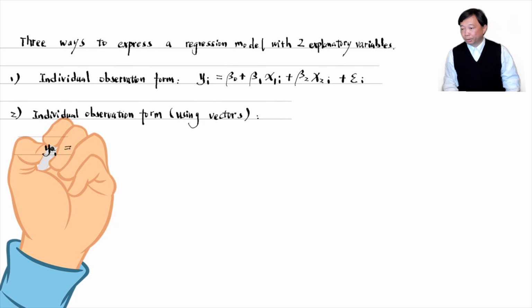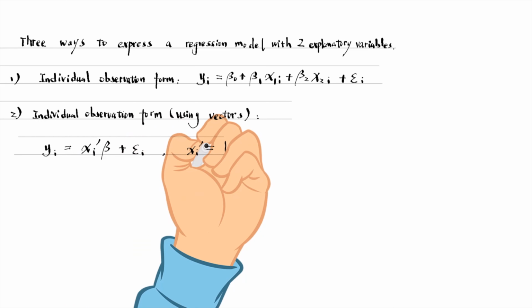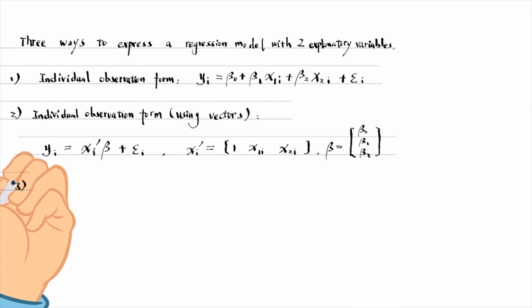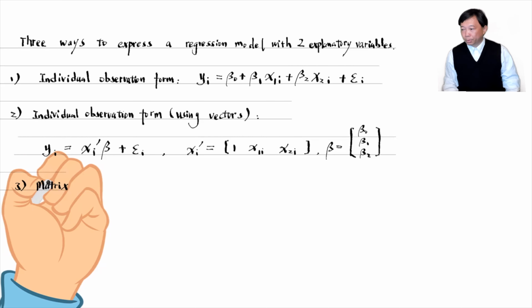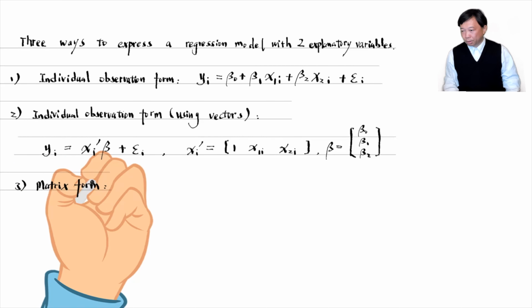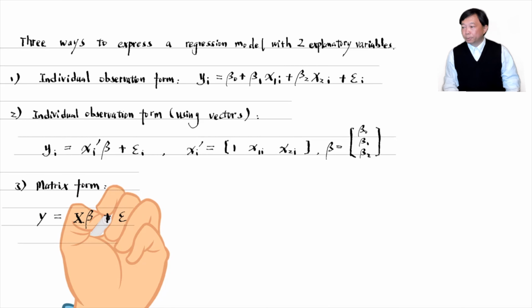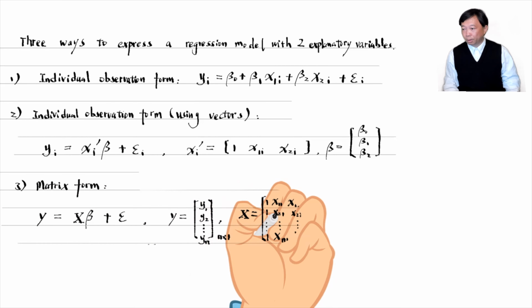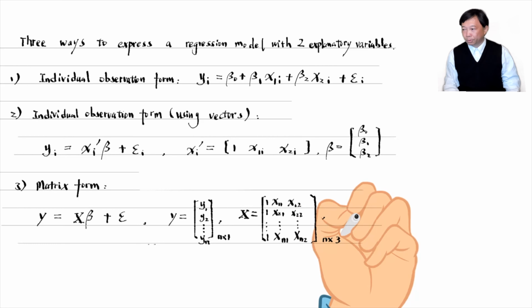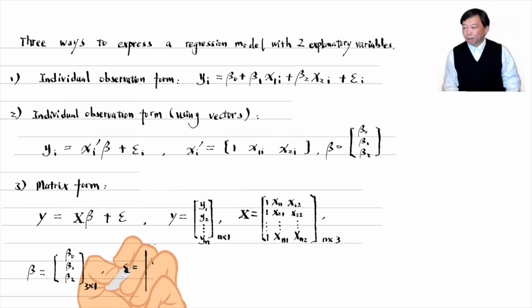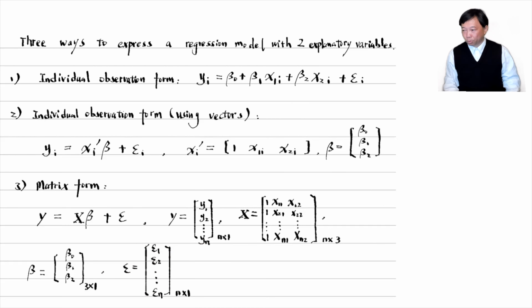It is also for the i-th observation. The third way uses the matrix and vectors to show all n observations. We can expand it to the case with k variables. In that case, the explanatory variable matrix X will be an n by k plus 1 matrix.